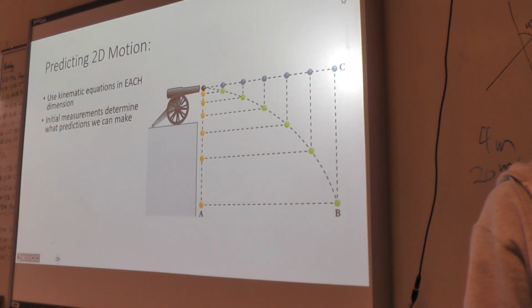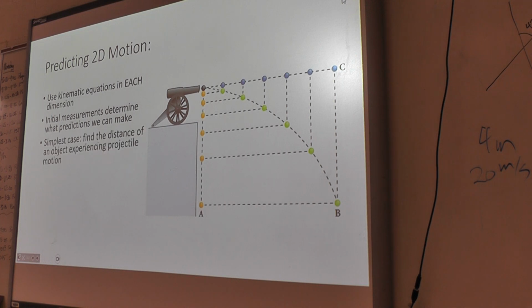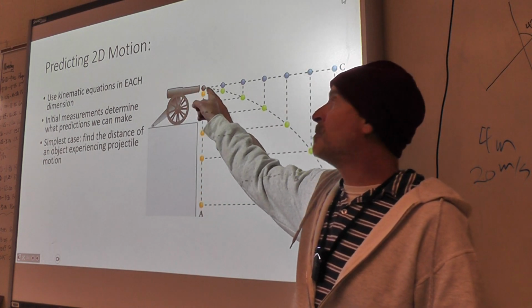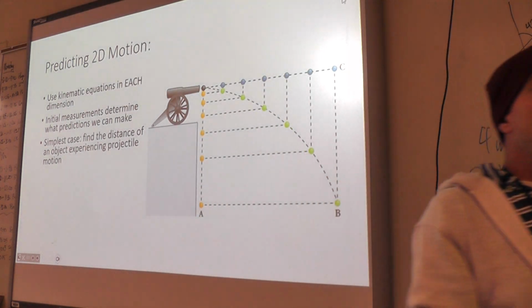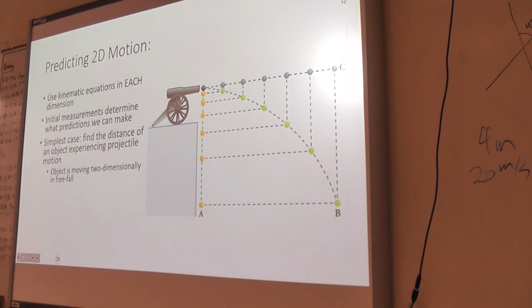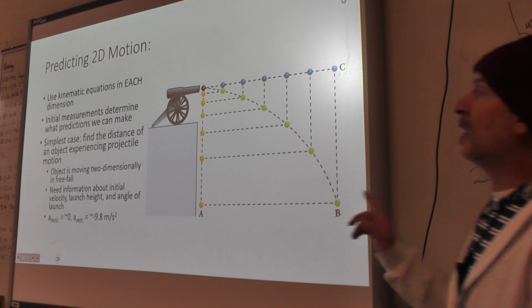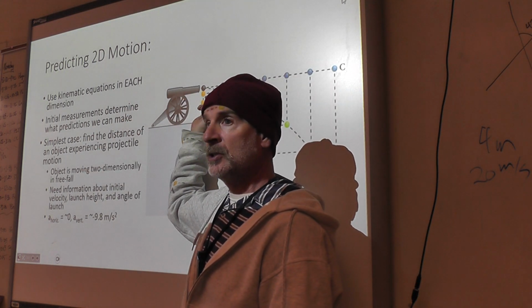There's lots of predictions we can make if we know other things besides those three things, but if we start with those three, we get what's kind of the classic projectile motion problem, and that is to figure out how far will an object go if it is launched from a projectile launcher. We could launch it horizontally, or we could launch it at an angle. We're going to start by just thinking about a perfectly horizontal launch, okay?